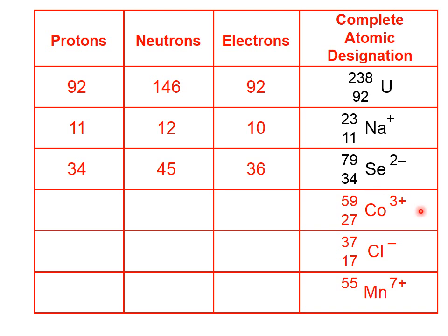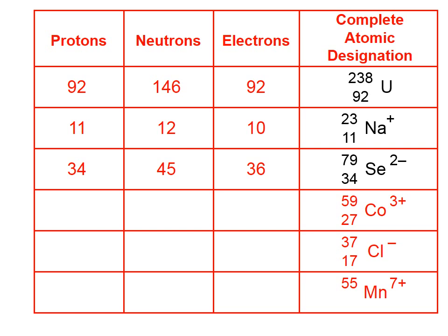In this next example, you can see that I've given the complete atomic designation, and this number in the lower left is the atomic number, which is the number of protons. So in this box right here, I'm expecting the number 27 to pop up. If the mass number is 59, then 27 plus what? 27 plus how many neutrons gets us up to 59?